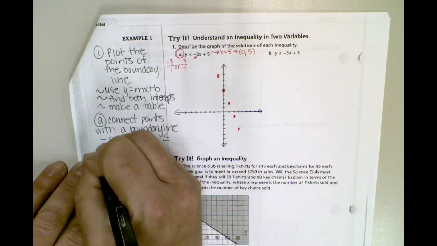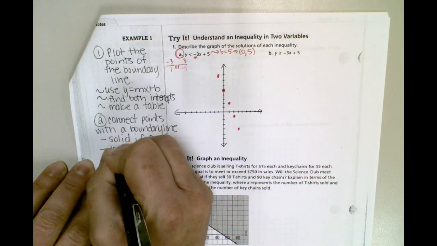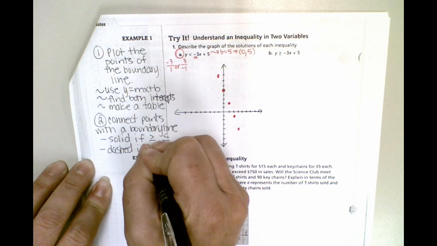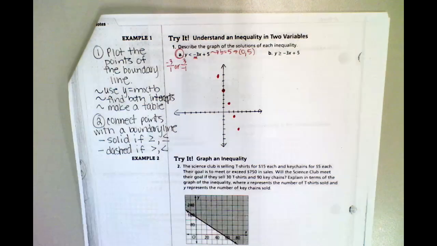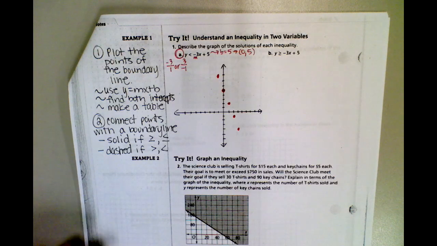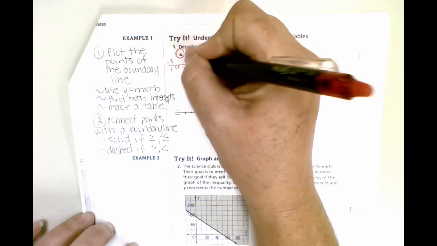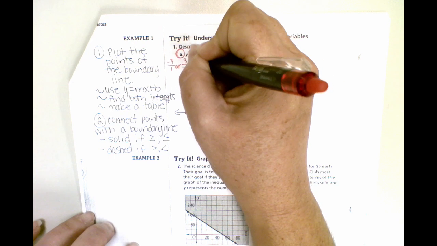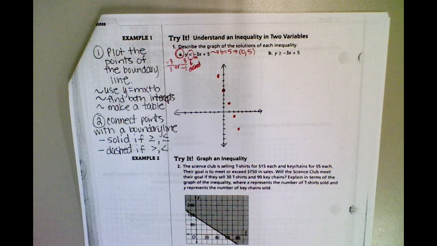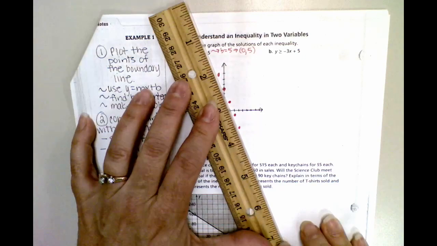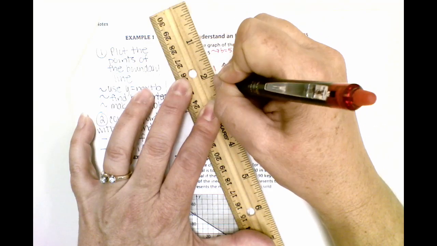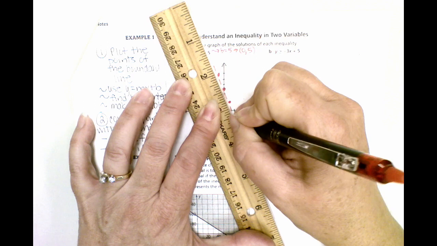It is going to be a dashed or dotted boundary line if it's a plain greater than or a plain less than. So in this case, this symbol is telling me that I should make my boundary line dashed. I'm going to use a straight edge still, but instead of connecting all the points with a solid line, I am going to connect my points with a dashed line.